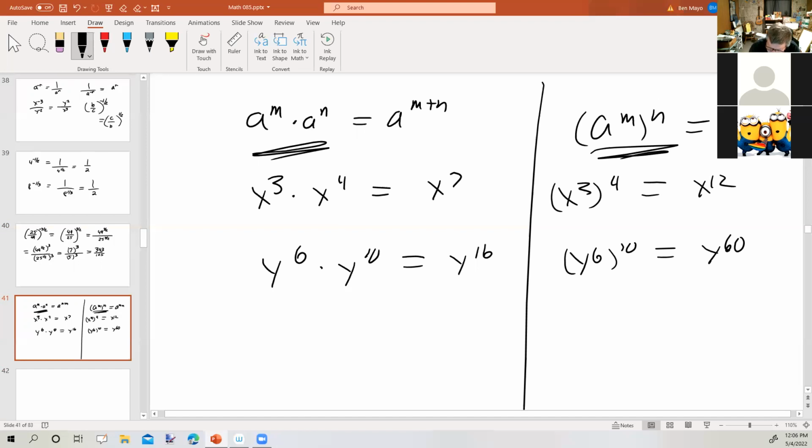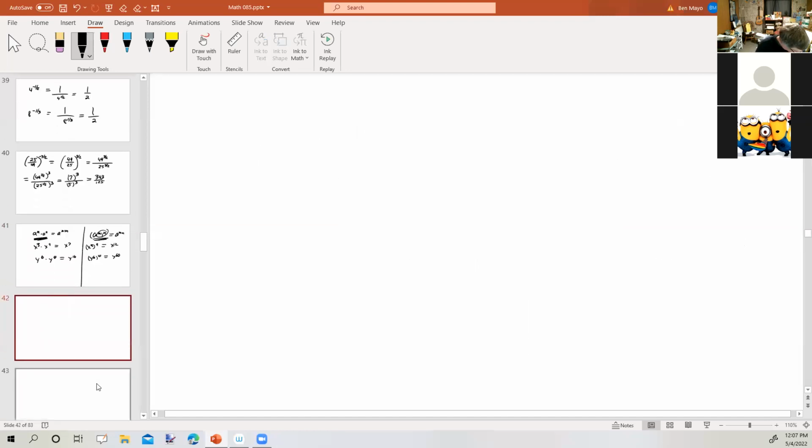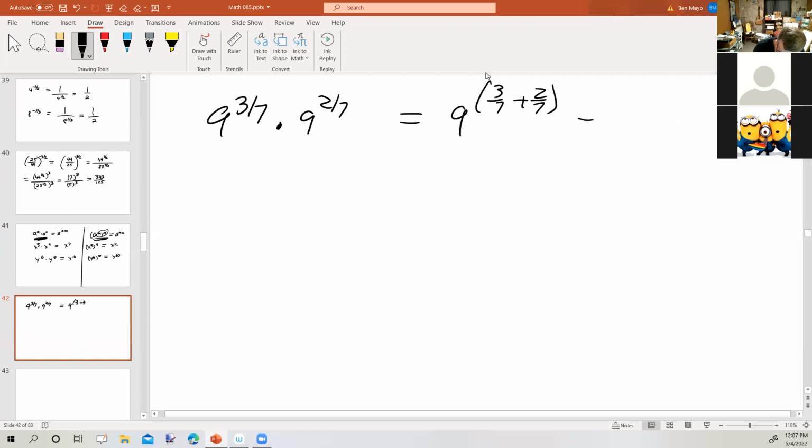When you have a power raised to a power, you multiply the exponents. When you're multiplying two powers with the same base, you add the exponents. So let's say I have 9 to the 3/7 power times 9 to the 2/7 power. That would be 9 to the 3/7 plus 2/7 power, which is 9 to the 5/7 power.